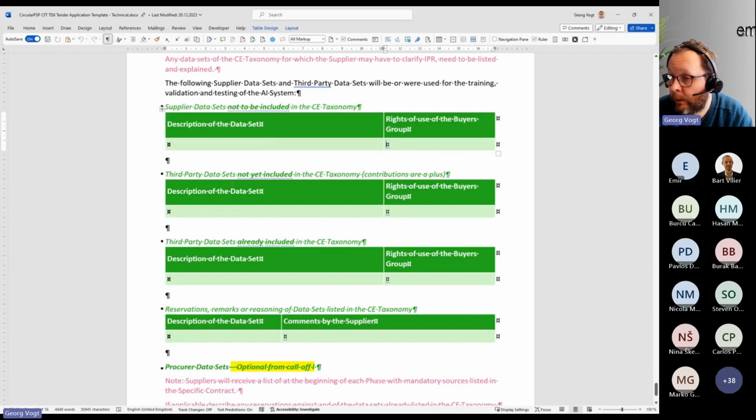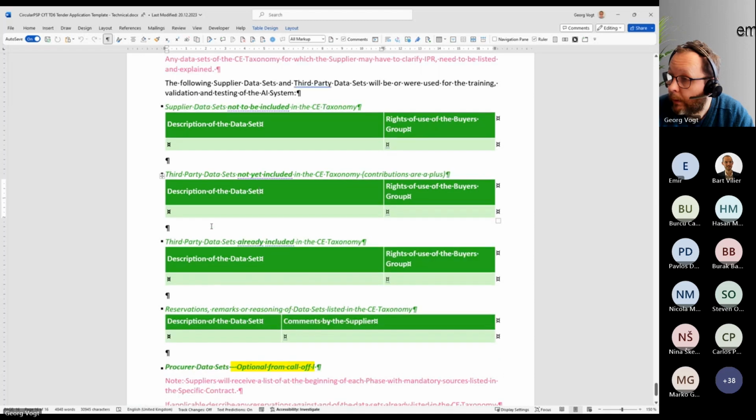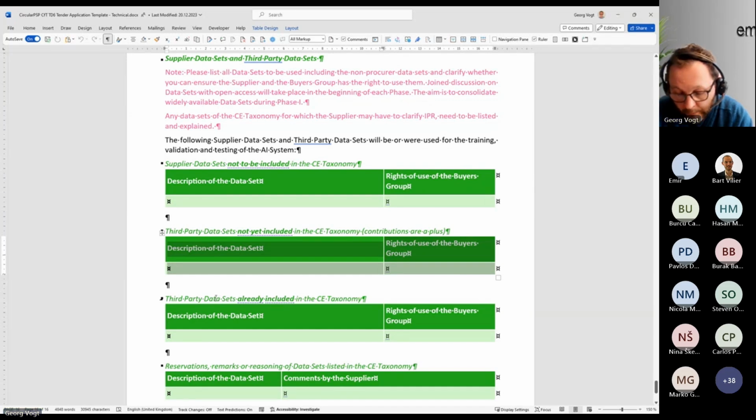And if you add data sets, provide us with ideas on new data sets, your contributions will be acknowledged. The main aspect is these two parts, that anything you want to keep for yourself, anything you want to add to the taxonomy.